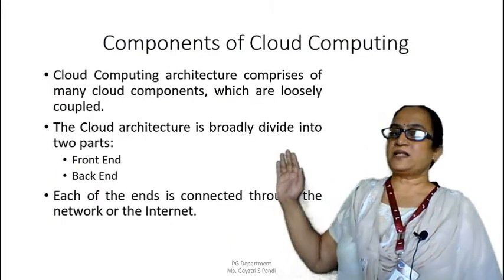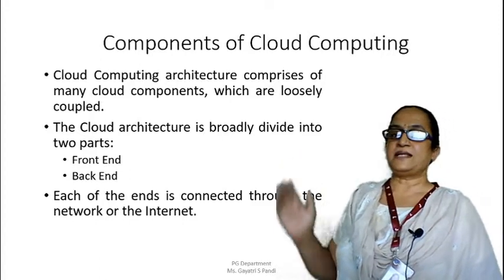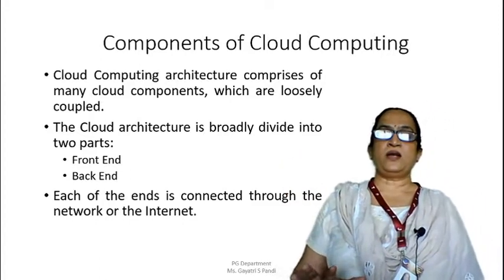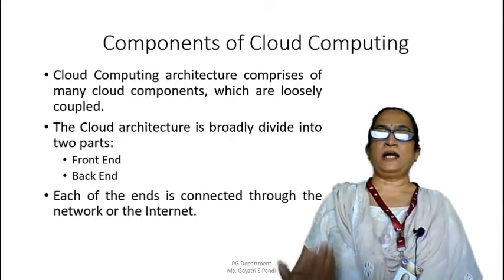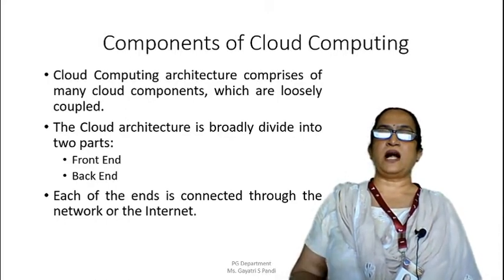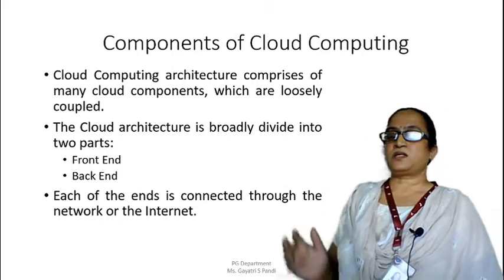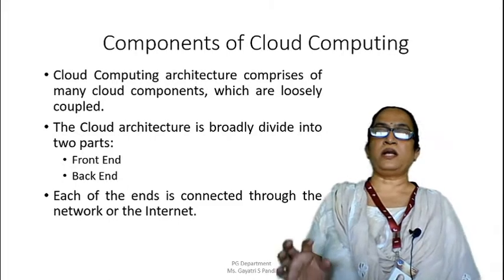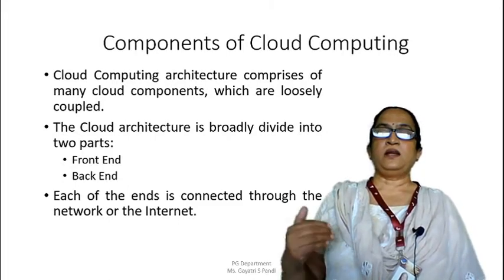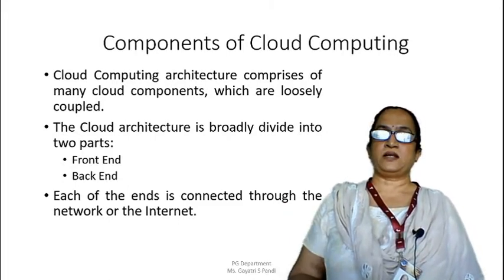Now we will study the different components. As I said, it basically comprises two main components, the front end and the back end. Also, to highlight, the cloud computing components are very loosely coupled, because the components do not interact, or only very loosely interact, with each other.